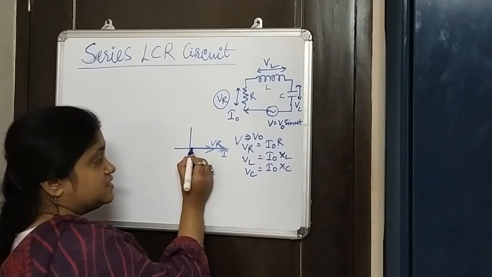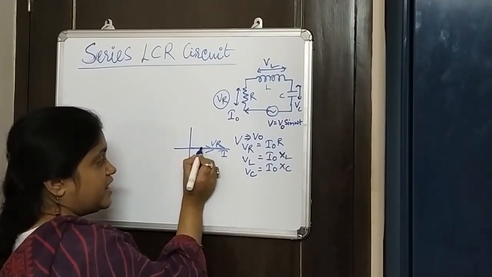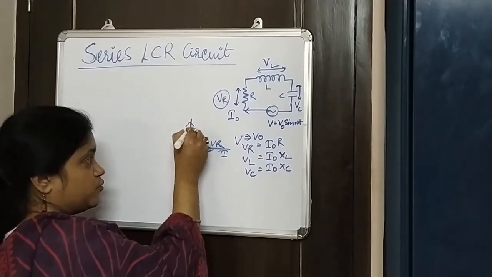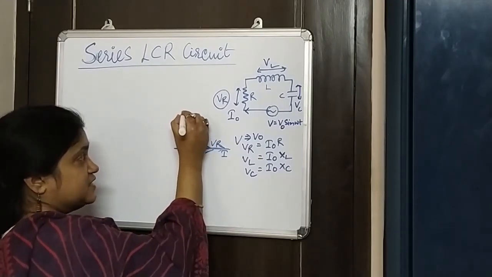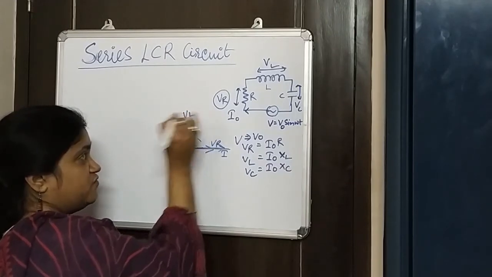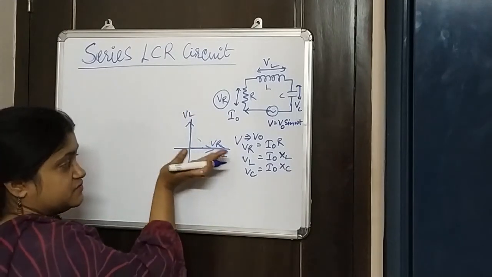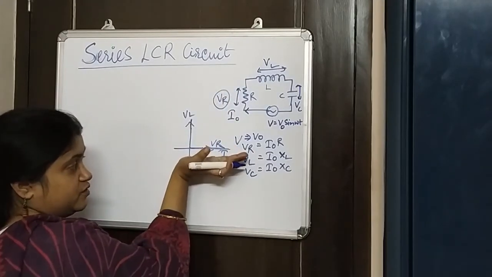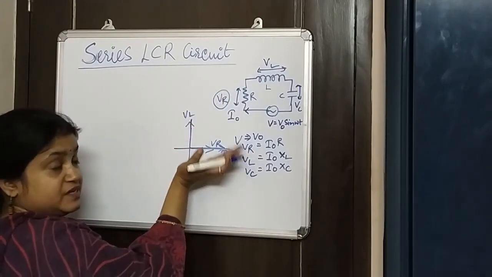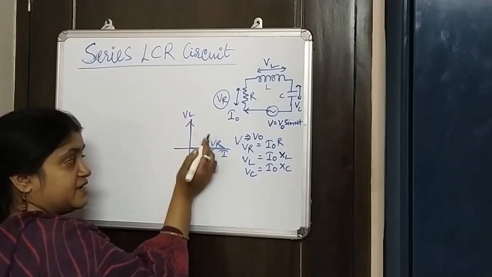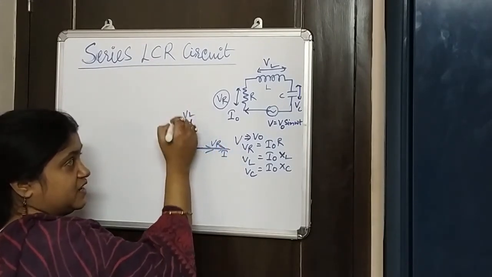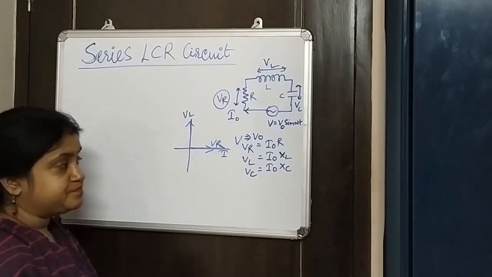So if this is the current, then voltage would be at 90 degrees, that is in this direction. So this we can say is the direction of VL, because for the inductive circuit it will be leading at 90 degree phase. So in the phasor diagram, VL will be pointed this side.